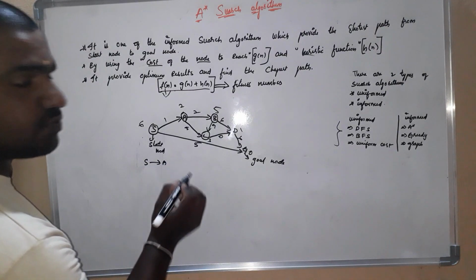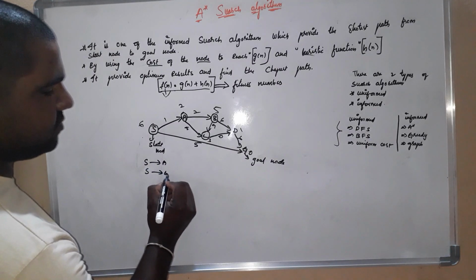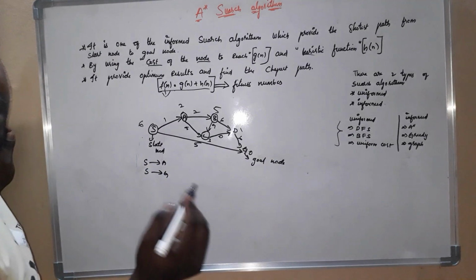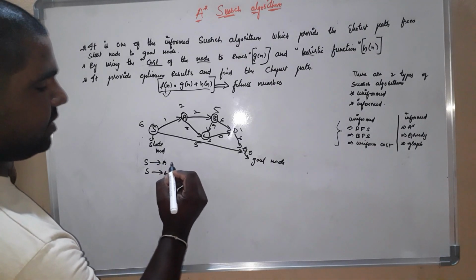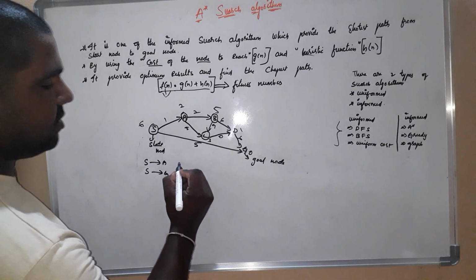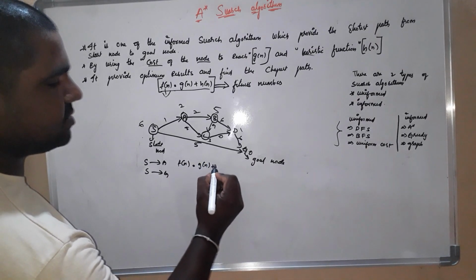S to A is one possible way. S to G is one of the possible ways to get from the start node to the goal node. Here for S to A, we have the formula f of n is equal to g of n plus h of n.